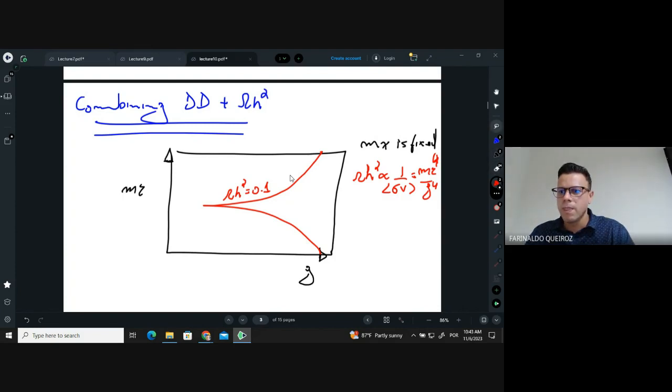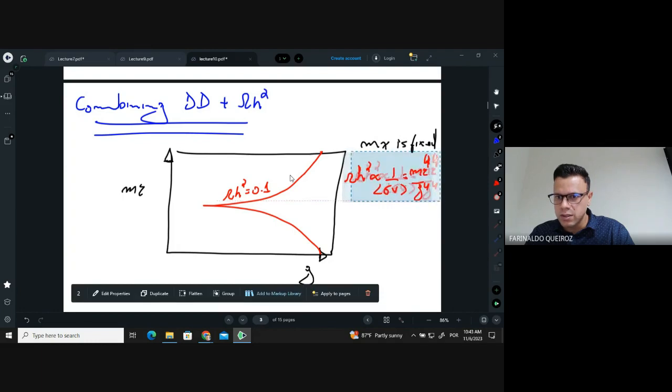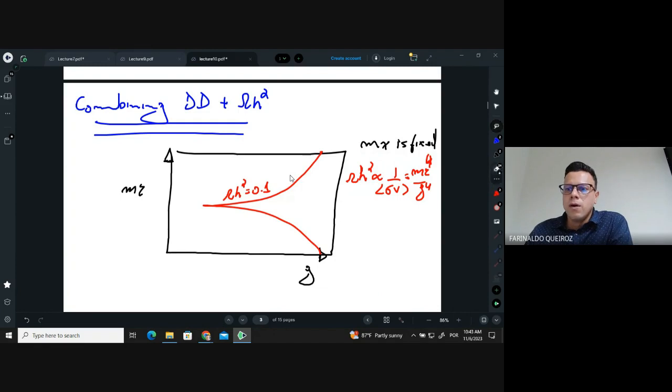I just took the inverse of that. Okay, fine. And then now I have direct detection. Sigma SE is proportional to m chi squared mn squared over (m chi plus mn) squared, and then I have the coupling to the fourth and mz to the fourth.